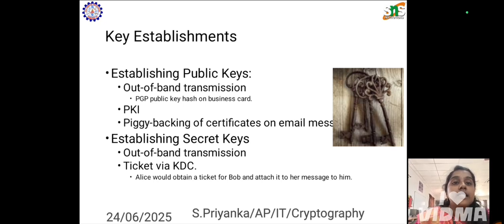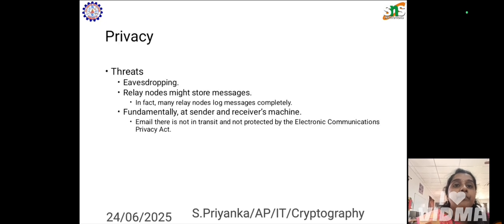First, establishing public keys: this is out-of-band transmission, that means a PGP public key hash on a business card, then PKI, that is piggybacking of certificates on email messages. Next is establishing secret keys. It consists of out-of-band transmission and a ticket via KDCs.